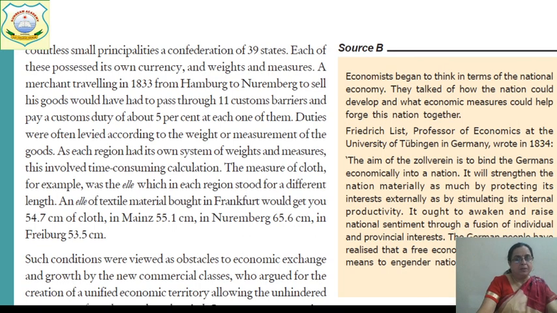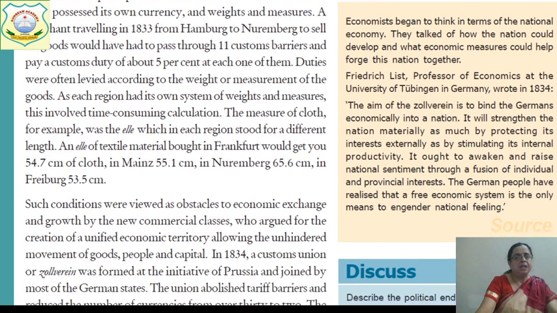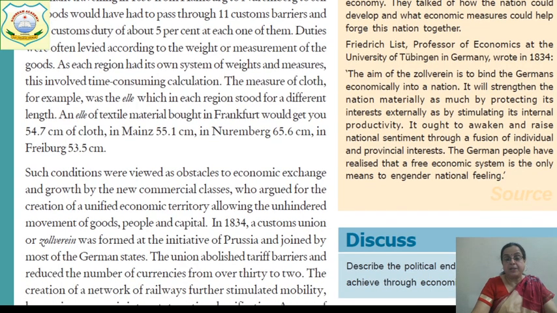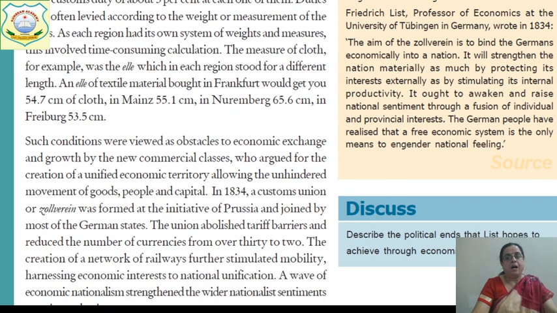Such conditions were viewed as obstacles to economic exchange and growth by the new commercial classes, who argued for the creation of a unified economic territory allowing unhindered movement of goods, people and capital. These conditions, the different weights and measures and different currencies, were just a hurdle for the movement of goods and capital from one place to another.